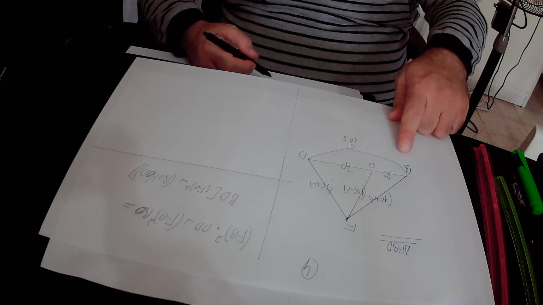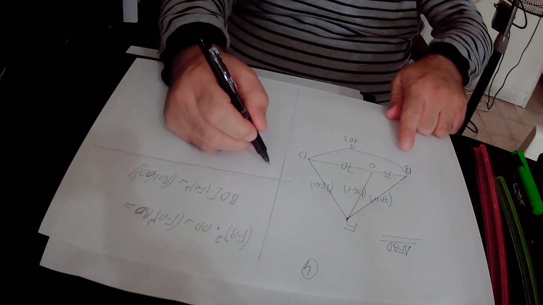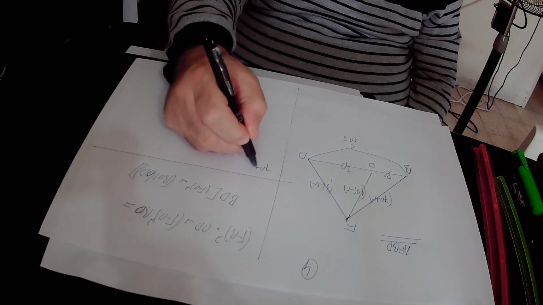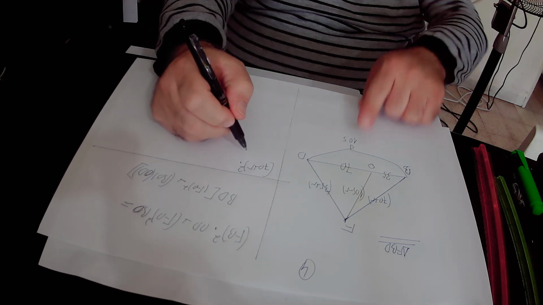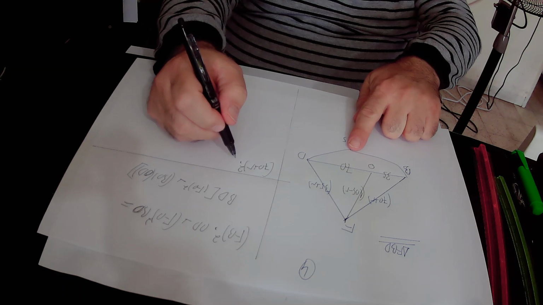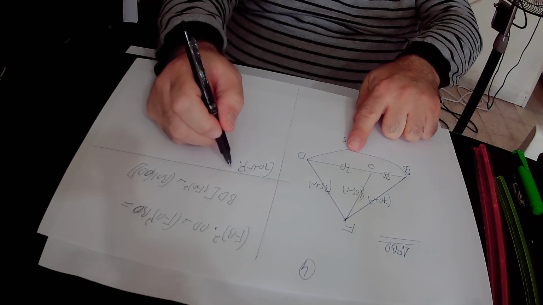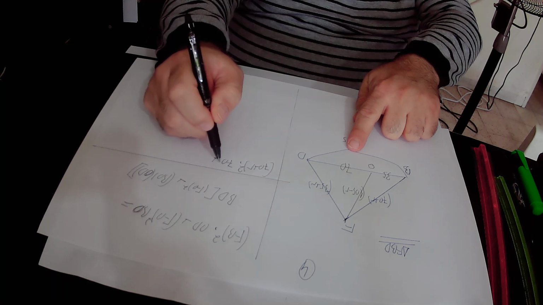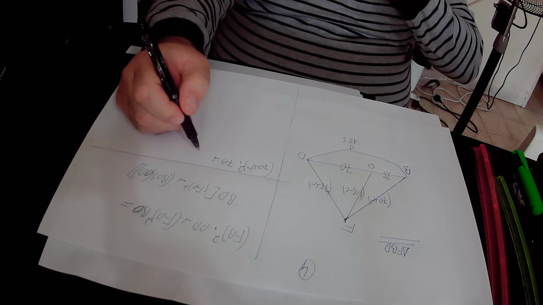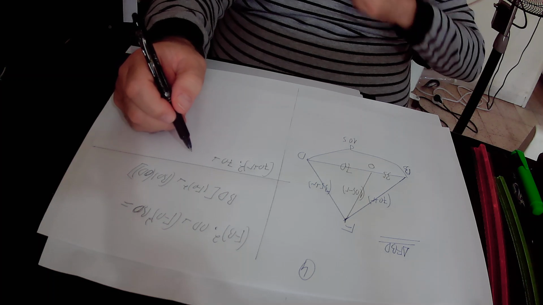So FB equals 70 plus R, therefore FB squared is (70 plus R) squared times OD. OD is 70, so we substitute OD by 70, plus FD squared.